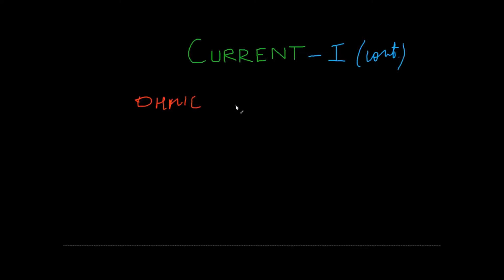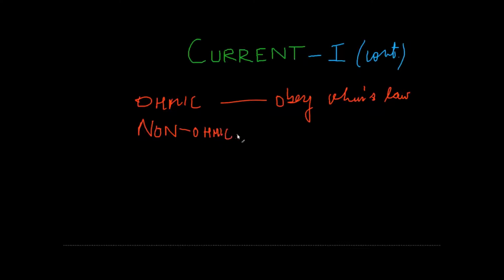So ohmic conductors obey Ohm's law, which is nothing but the current flowing in a conductor is directly proportional to the potential difference across its ends, and this one does not obey Ohm's law. So this basic difference, if at all it is asked in the paper, then you must write this.